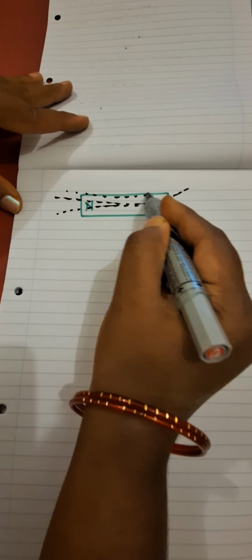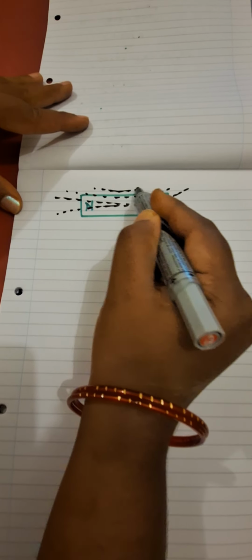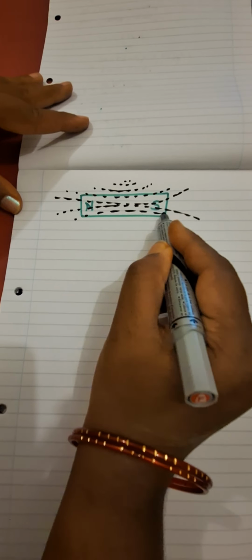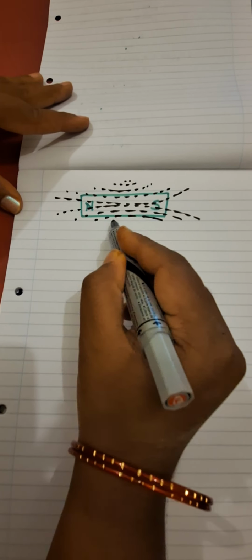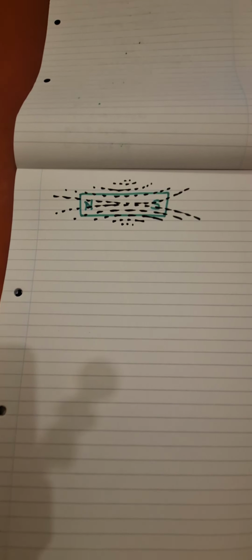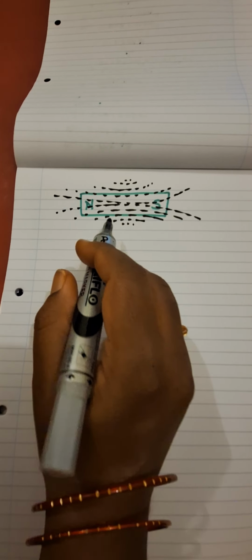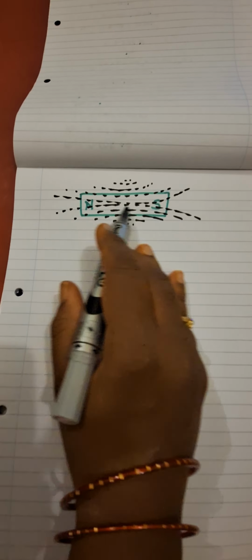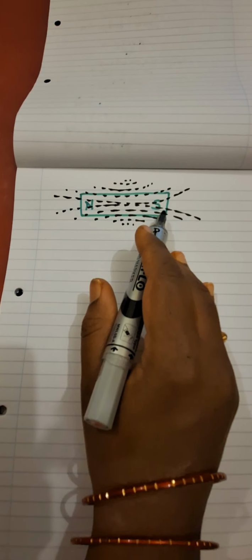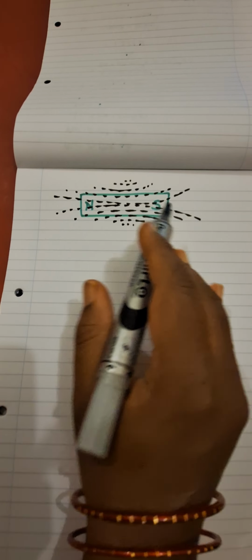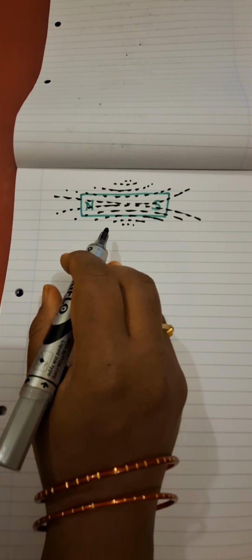As we go far, the field strength reduces. This is how magnetic lines will be there in a magnet. Those lines are called magnetic field lines. The magnetic line of force is defined as the curve along which a unit north pole would move if free to do so when placed in a magnetic field.